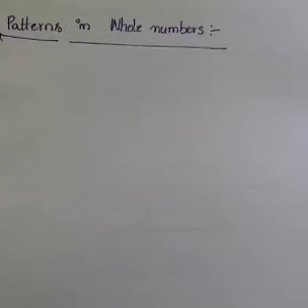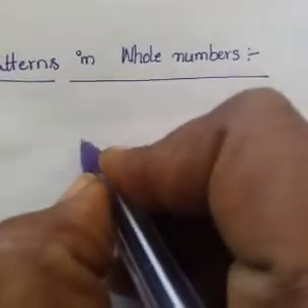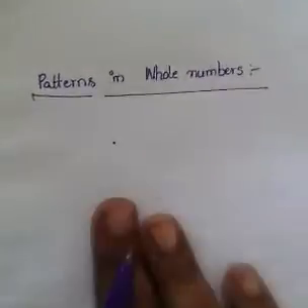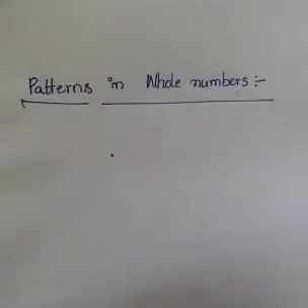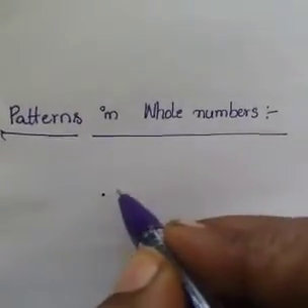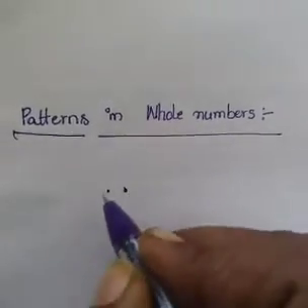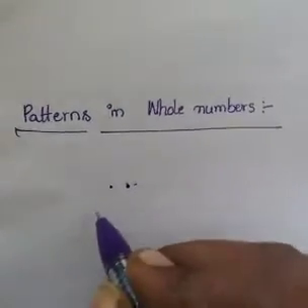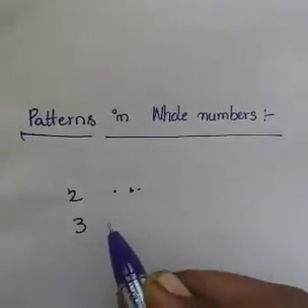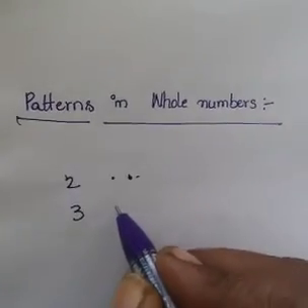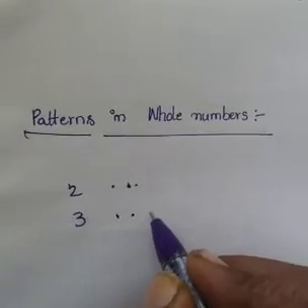Every number can be arranged as a line. The number 2 is shown as 2 dots, a line. Number 3 is shown also like this: 1, 2, 3.